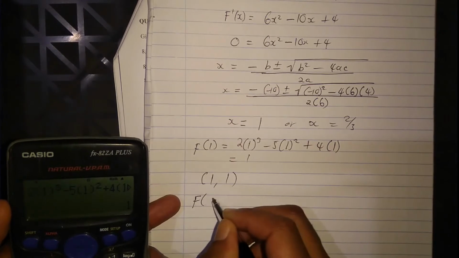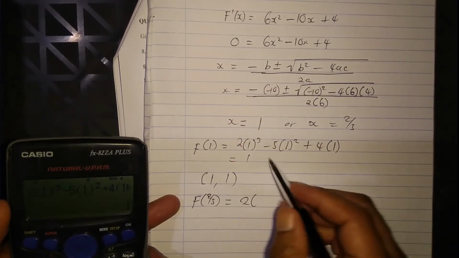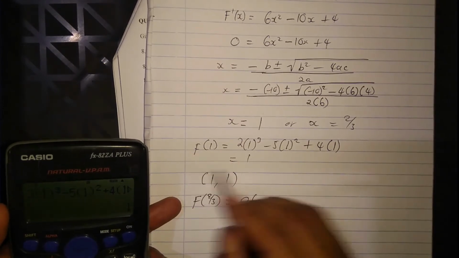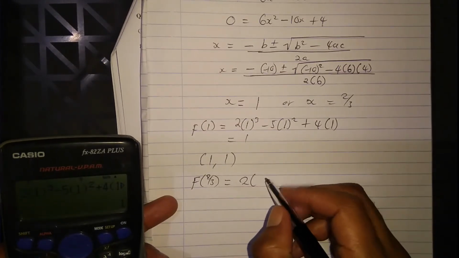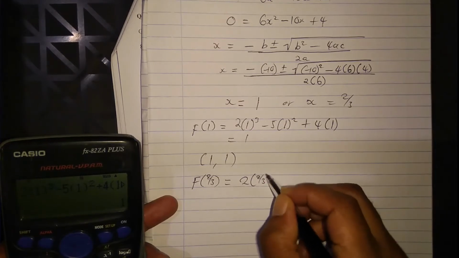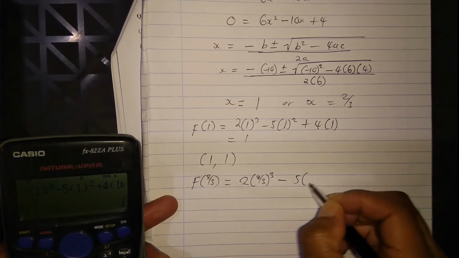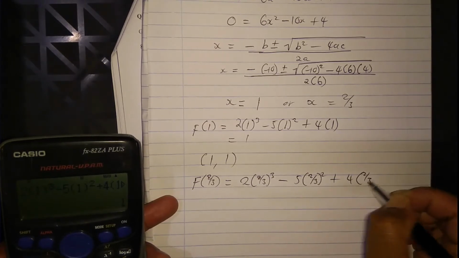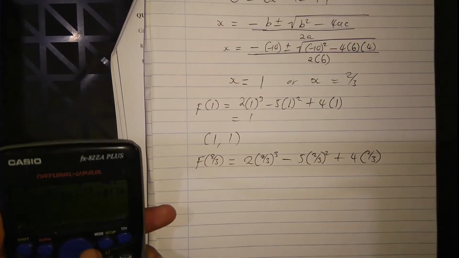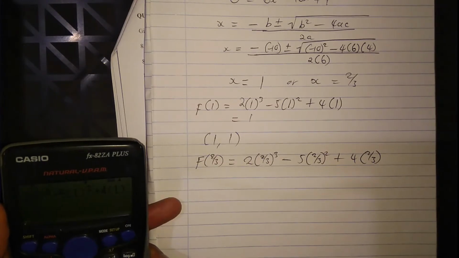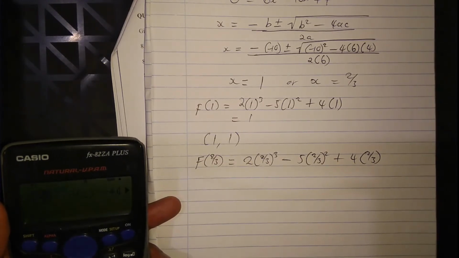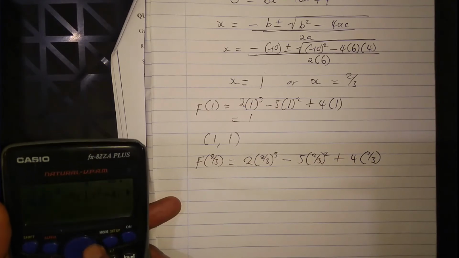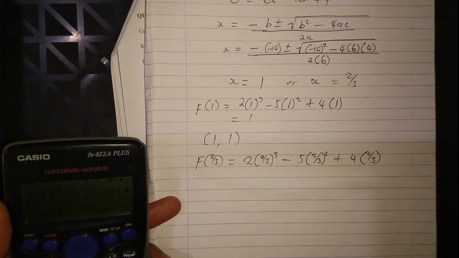Okay, but anyway, f of 2 over 3, because in an exam you must show these substitutions. 2 over 3 cubed minus 5, 2 over 3 squared plus 4, 2 over 3. Then when I calculate, I don't need to redo the entire thing.